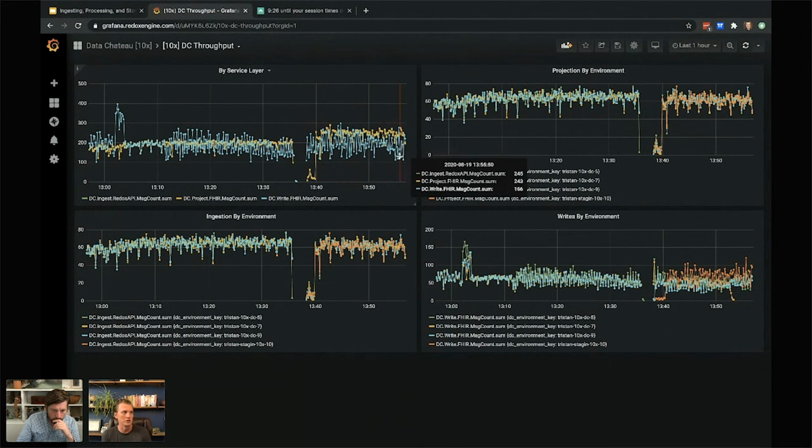So if we notice a part of our architecture, in this case our writes, is slower than the rest of our system, what we could do to catch up is scale up more containers for that layer, and the load for all the health systems would be redistributed across those containers, and hopefully increase the throughput at that layer.